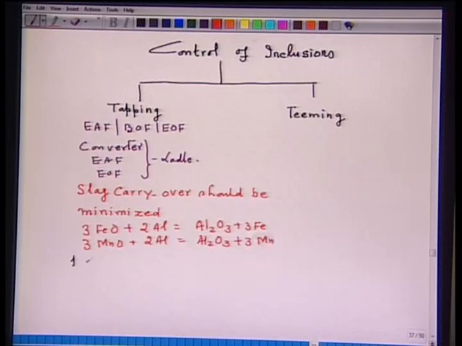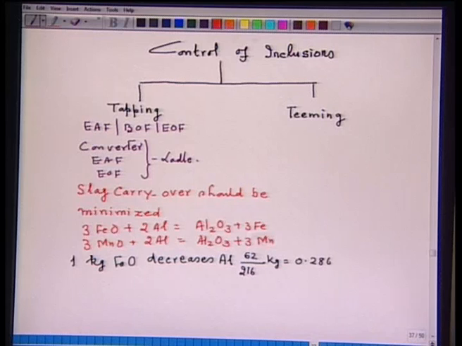If you see the stoichiometry of the FeO and aluminum reaction, it says that 1 kg FeO, if it is carried over into a ladle, decreases aluminum by 62 upon 216 kg, that is equal to 0.286 kg of aluminum.